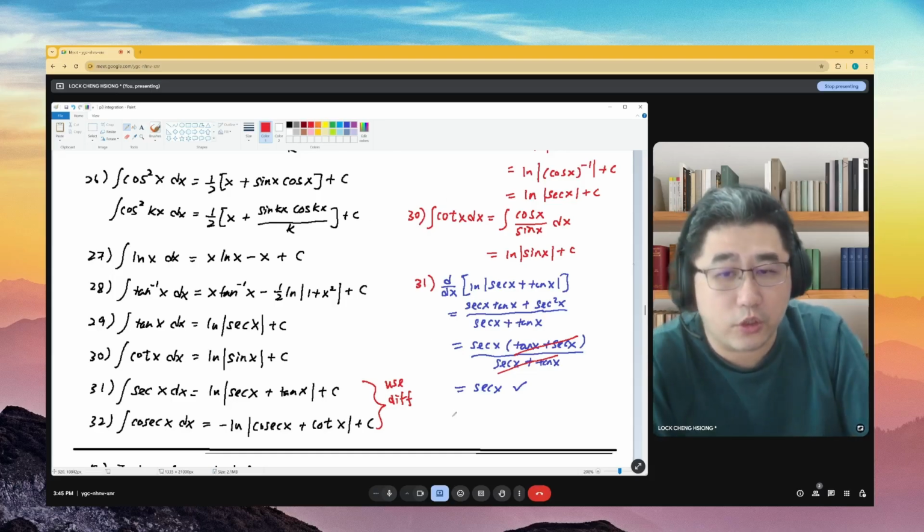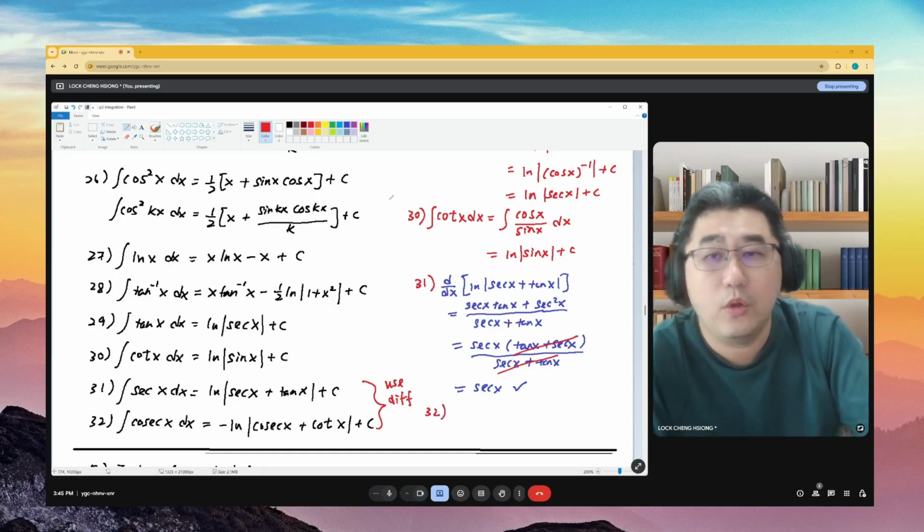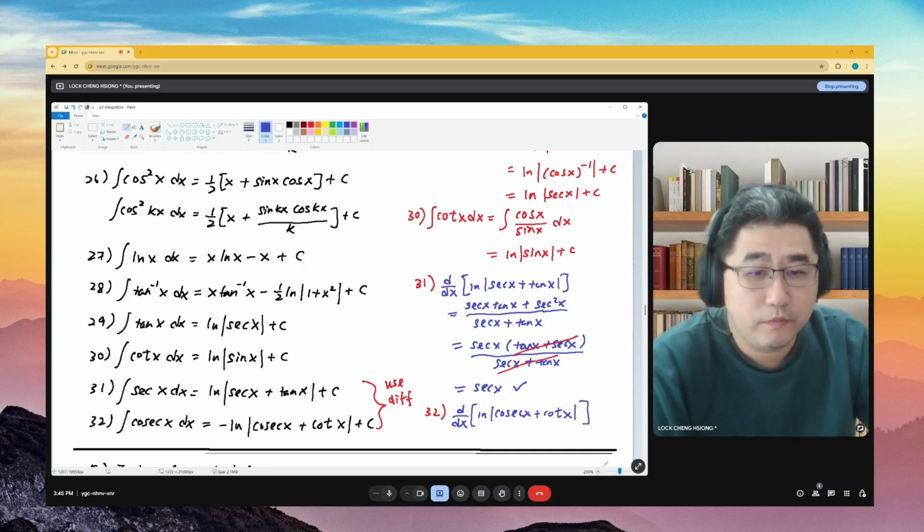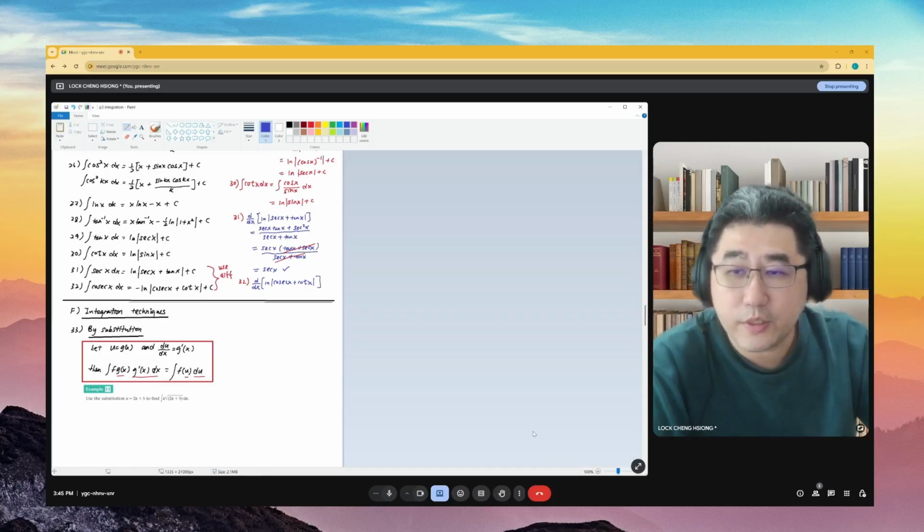Same goes for 32. I try to differentiate ln of cosecant x plus cotangent x. Let me try to draw some space.